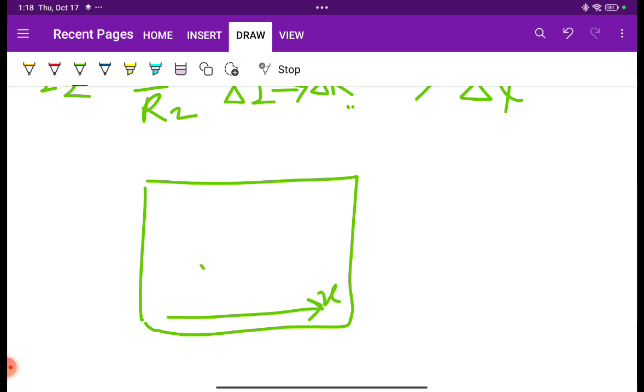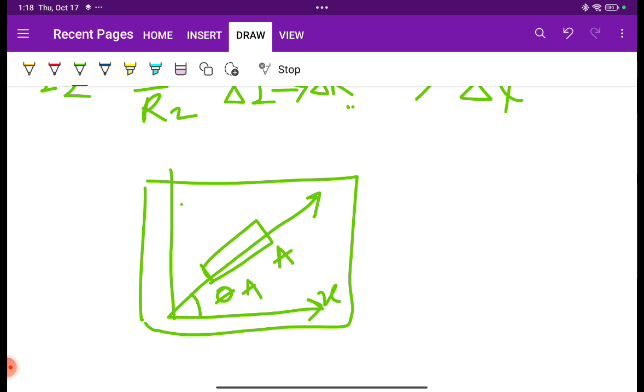We have placed our strain gauges in these positions: strain gauge A at the angle theta A, then another strain gauge at the angle theta B, and another strain gauge at the angle theta C.